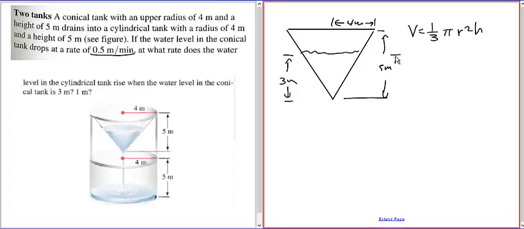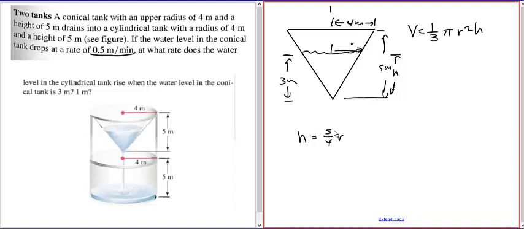So this is h, and this is R. R is the distance from here to there, the R at that particular height. Because of this linear relationship between radius and height, the height is going to be either 4/5 or 5/4 of R. Because the height is greater than the radius, it's going to be 5/4 R.